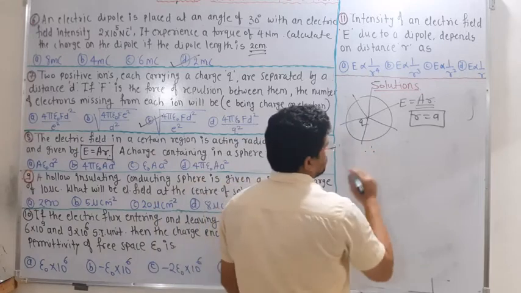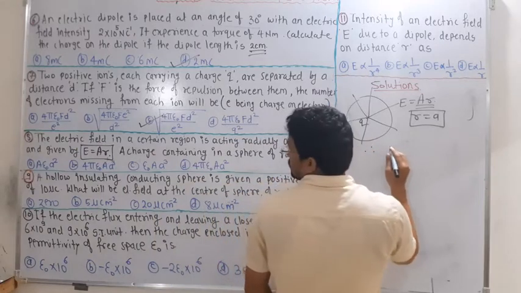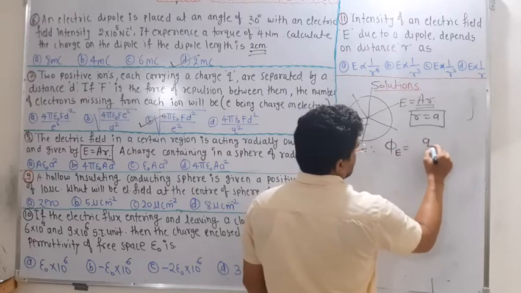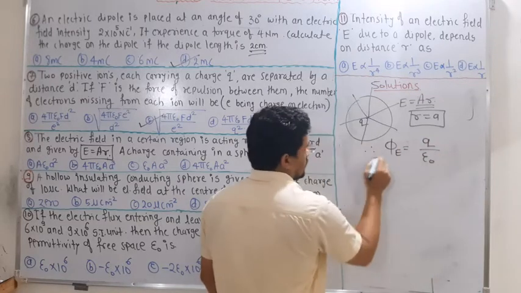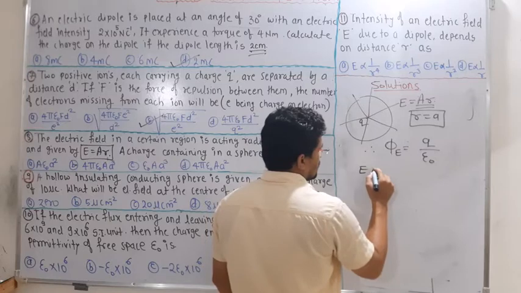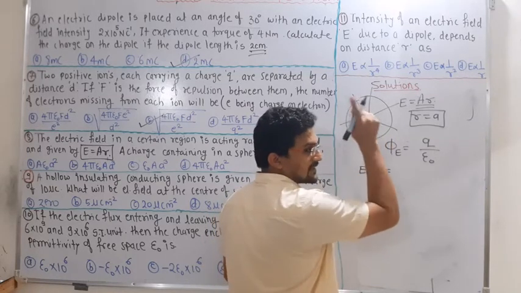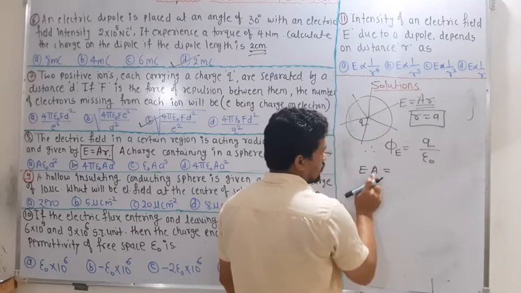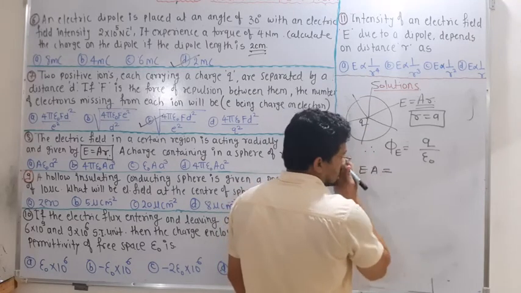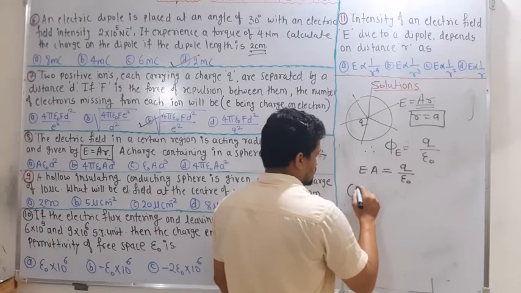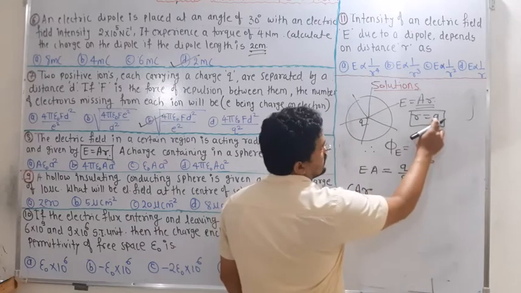According to Gauss law, electric flux is Q divided by epsilon naught, and electric flux is E multiplied by A cos theta, but here cos theta is maximum, that is 1, so it is only EA. And it is Q divided by epsilon naught, but E is equal to A into R, but here R is how much?